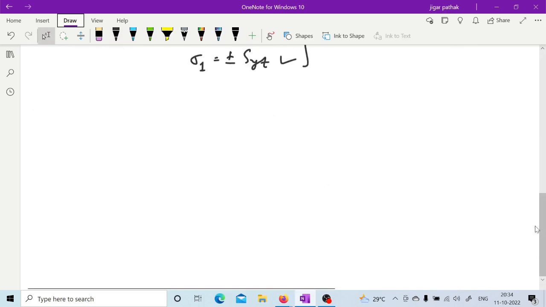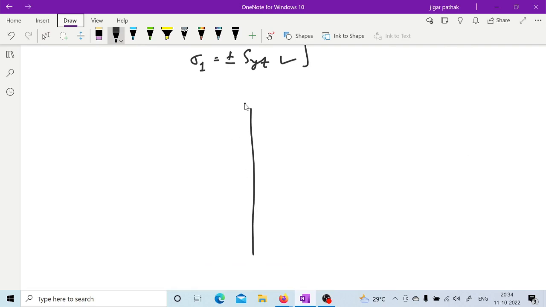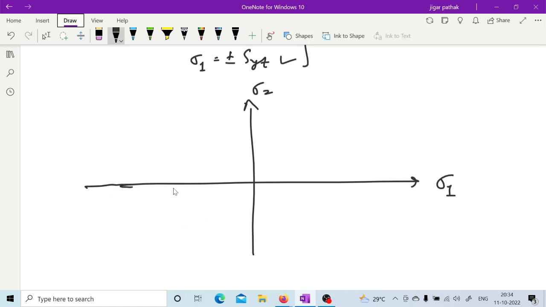So if I plot sigma 1 and sigma 2, then what is going to happen is, see, sigma 1 equal to plus or minus Syt, and sigma 2 equal to plus or minus Syt, similar to the maximum principal stress theory, which is going to give the first, second and third quadrants. In the second quadrant and fourth quadrant, it is going to follow a different equation, this envelope.